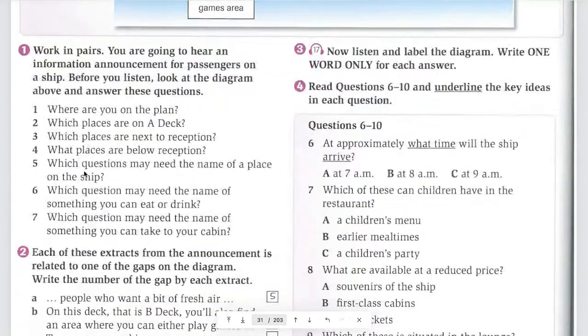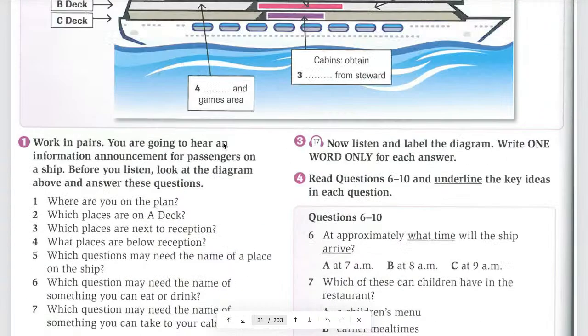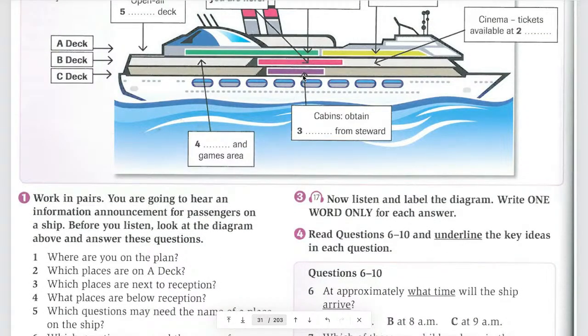Now, number 4, what places are below reception? Below reception, we have some cabins, right? What does cabin mean? A cabin is just like a room like this, but here we don't call this room a cabin.